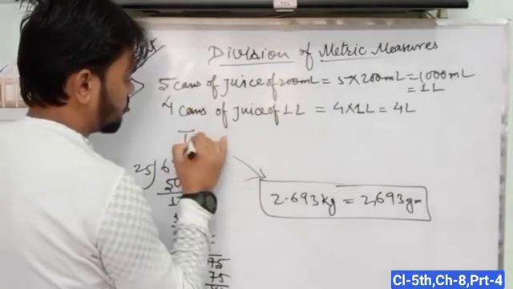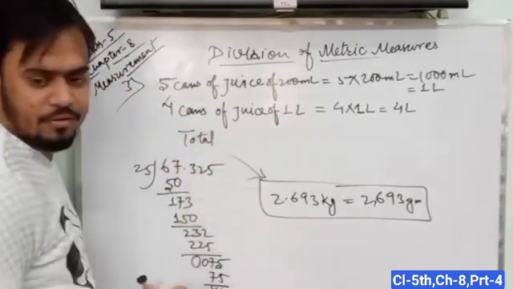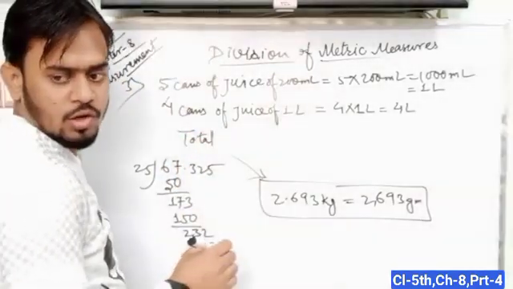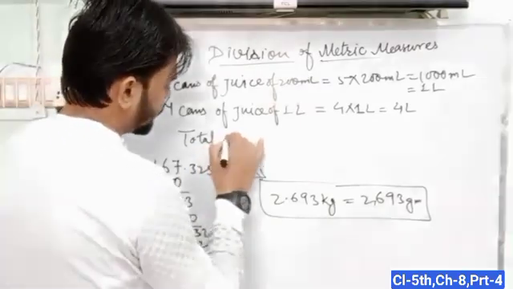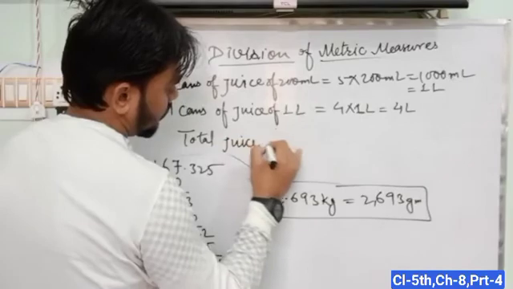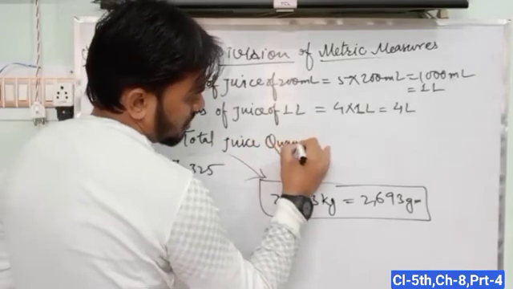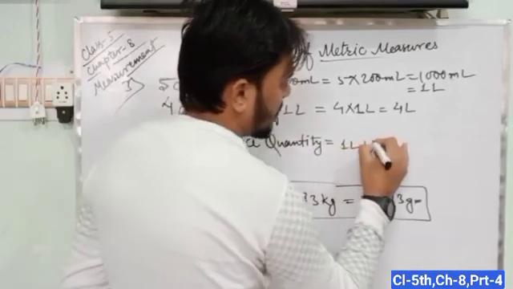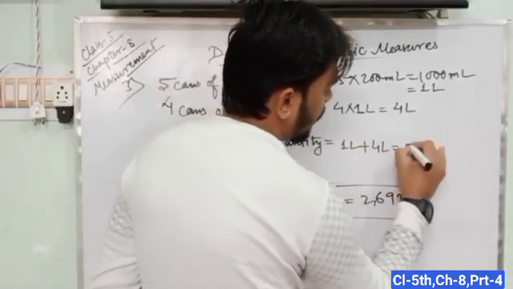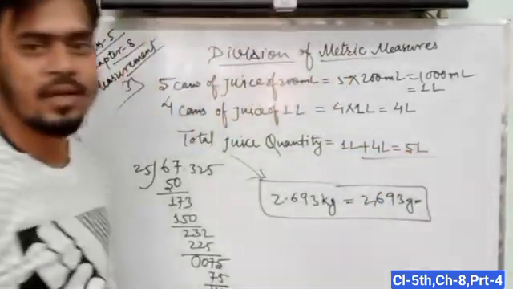Then we have to find out how many liters of juice she bought. Total juice quantity is equal to 1 liter plus 4 liter is equal to 5 liter.